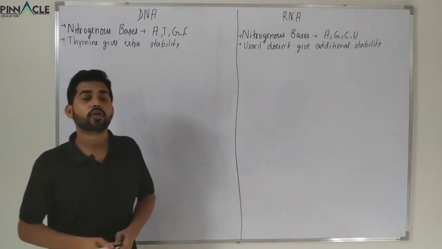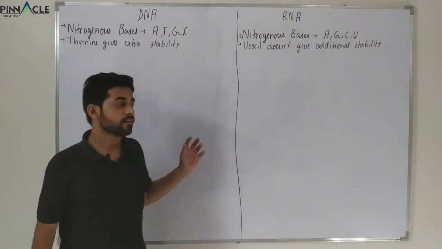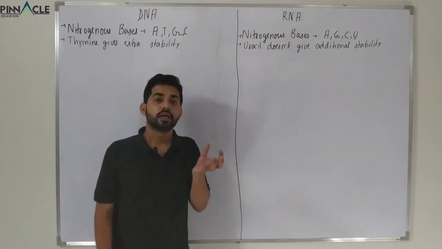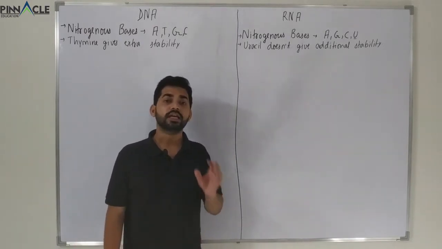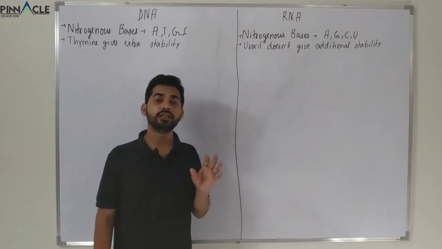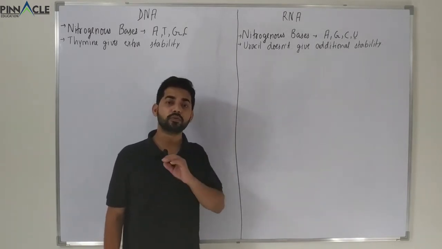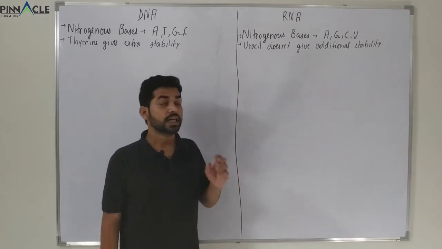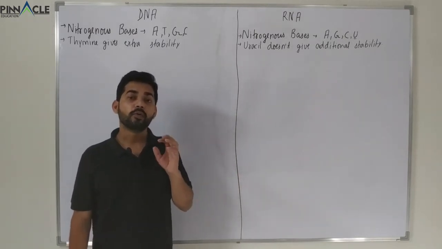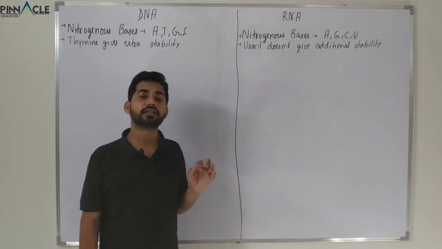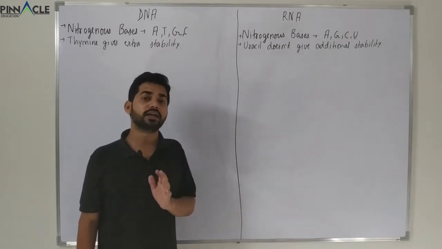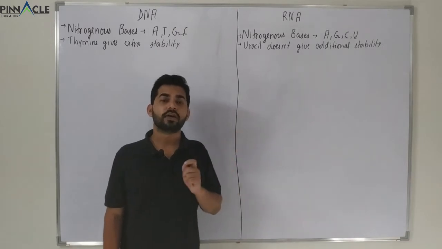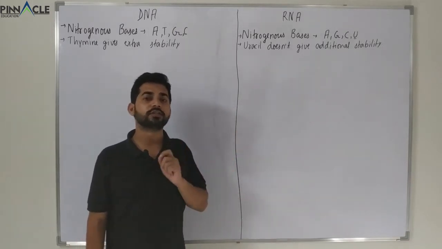Apart from that, there are lots of other differences, and before that we'll have to study the presence of DNA in different organisms. In different organisms, DNA is normally found in double stranded form in almost all the organisms on earth. Wherever DNA is present in organisms, it is double stranded, except some viruses, like the phi X 174 virus.